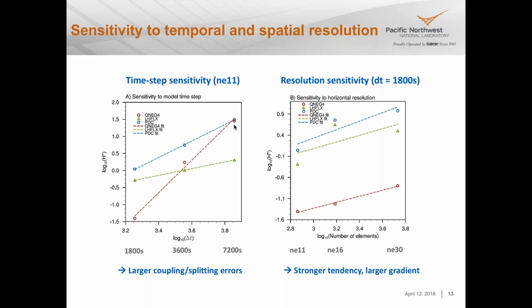On the right, when we look at the resolution sensitivity, here I show the simulations from N11 to N30, with the same time step of half an hour. When the resolution is increased, we will have stronger tendency and larger gradients, especially for the cloud hydrometeors. So we also expect the error to be larger at higher resolution if the time step is fixed.